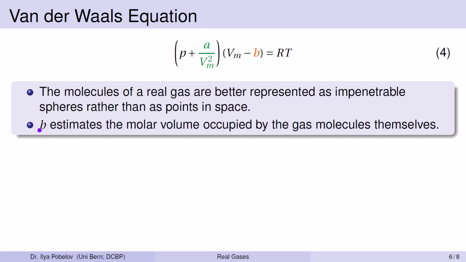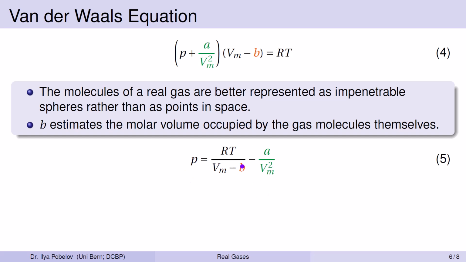This parameter B gives an estimate of the molar volume occupied by the gas molecules themselves. As a result, instead of occupying the entire volume Vm, the effective volume available for their movement is reduced to Vm minus B.